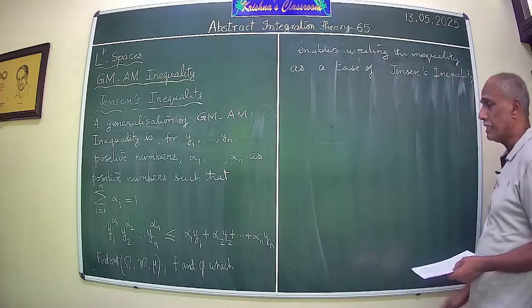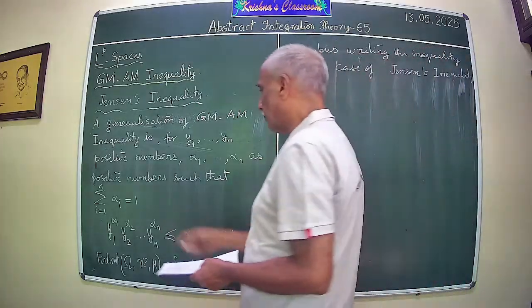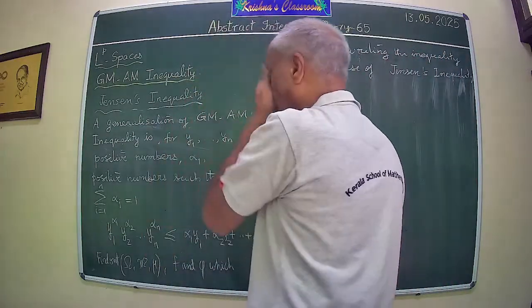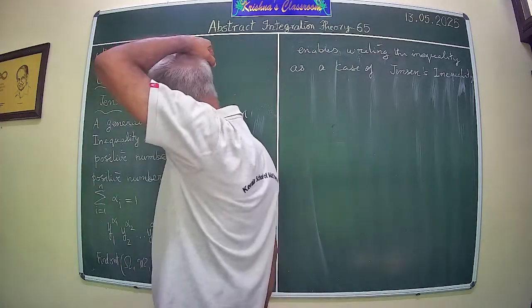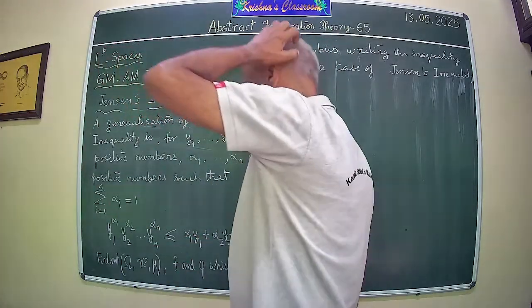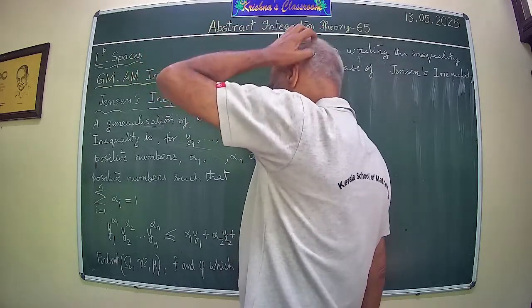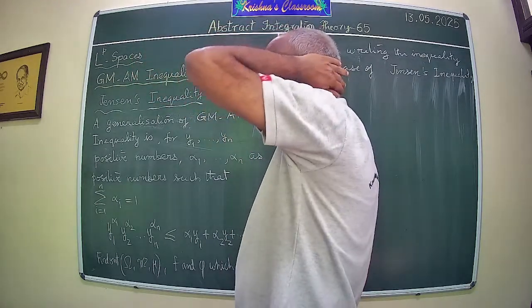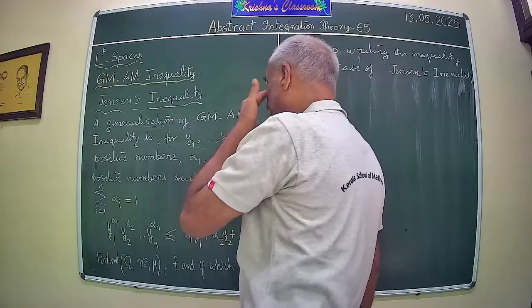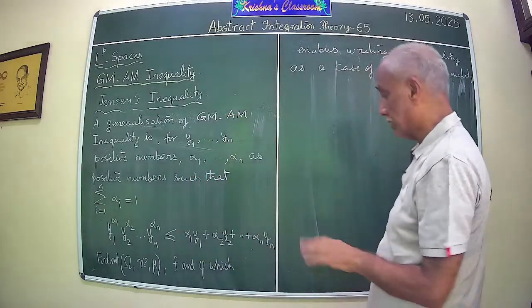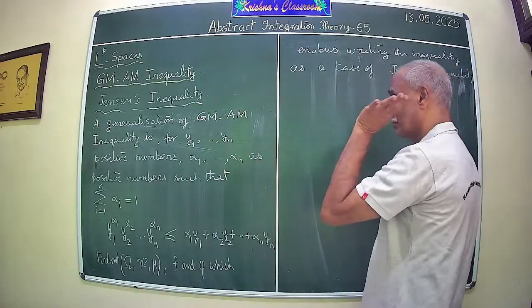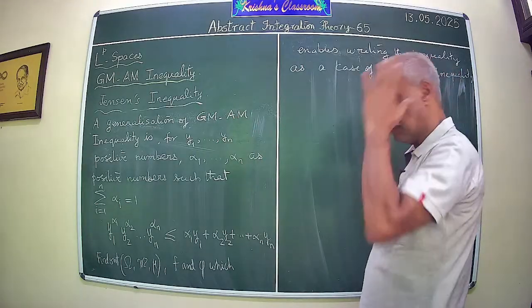Because you can immediately see that the choice of alpha 1, alpha 2, etc., alpha n are done in such a way that sigma alpha i equals 1. In fact, in the GM-AM inequality, these alpha i's are all taken equally, namely equal to 1 by n. Okay, so that's the only difference. Otherwise, it's the same as the GM-AM inequality.